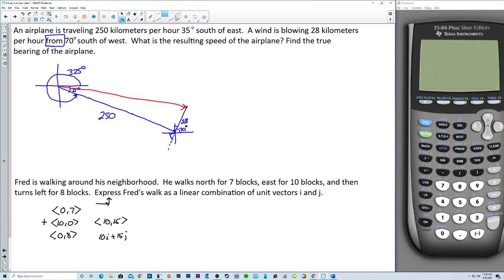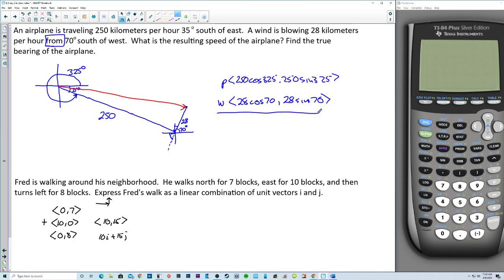So let's get the plane. The plane is 250 cosine of 325 and 250 sine of 325. The wind is 28 cosine of 70 and 28 sine of 70.